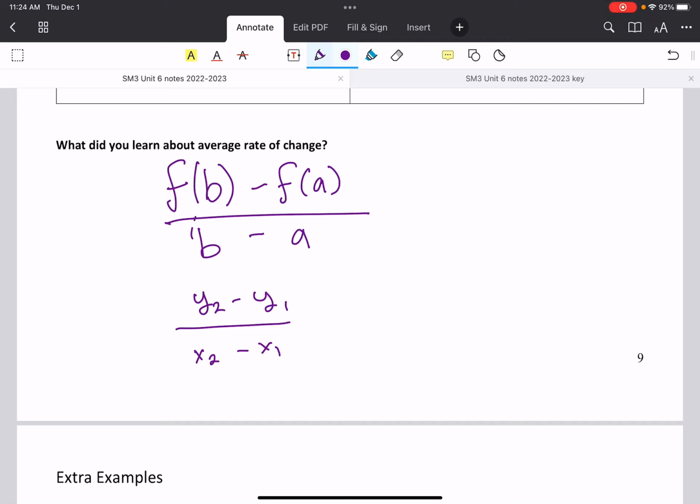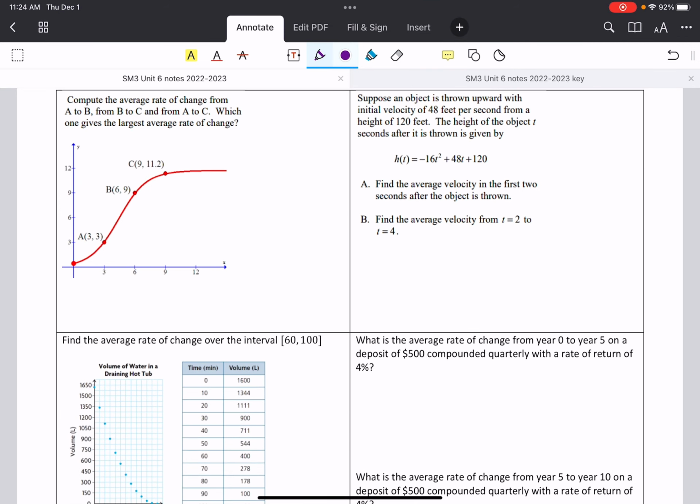So you're always going to take your second point and then subtract the first point. Start with the second point, then subtract the first point. You could do it the other way, but then you're going to have to divide negatives or positives. Just make sure your sign is correct.